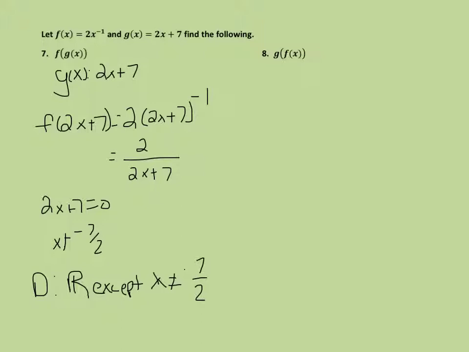So now g of f of x. That means plug f of x in where x is in g of x. Now, what I might do actually, let's start this over. I'm going to say f of x equals 2 over x. I'm going to make it positive, that way it already is.